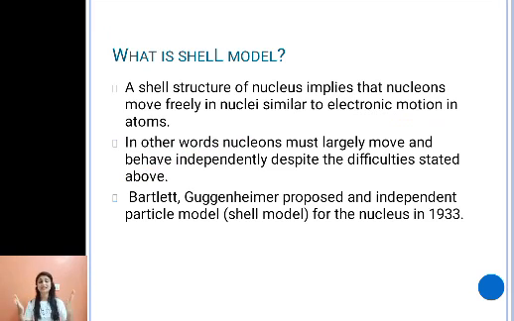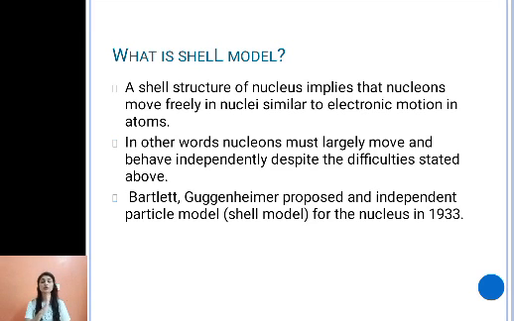So what is the shell model? A shell structure of the nucleus implies that nucleons move freely in nuclei, similar to electronic motion in atoms. That means, just as electrons are free to move in an atom, neutrons and protons, that is nucleons, can move freely inside the nucleus.